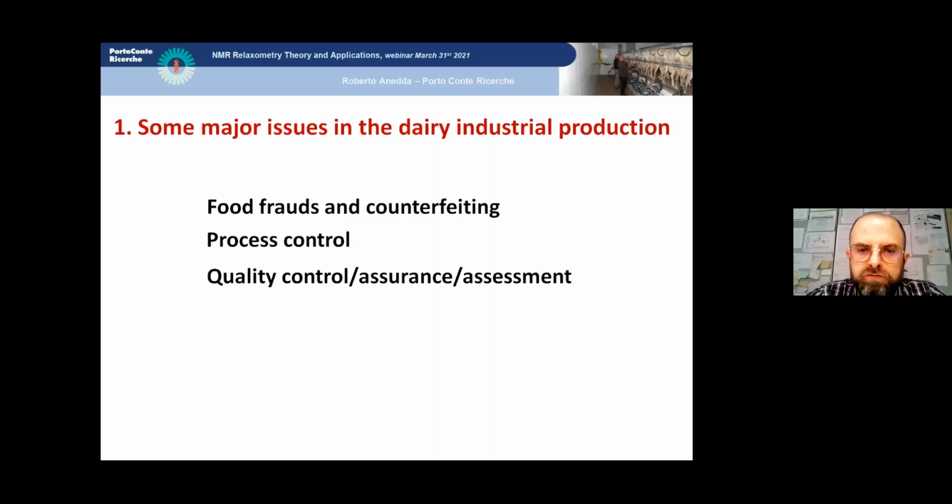Actually, quality controls are often carried out in laboratories of the same production plants. For example, many analytical parameters are nowadays routinely and finely controlled in dairy production.